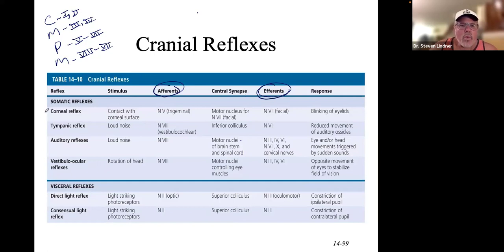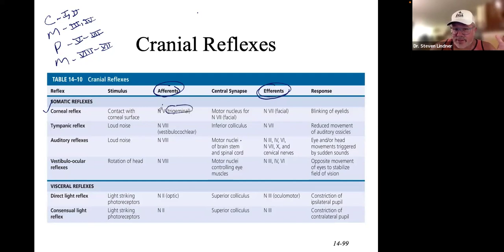So when we look at the corneal reflex, this is what happens when something touches your eye. What happens is your eye blinks. So something has to sense that something touched your eye. And what does sensation to the face is the trigeminal nerve, cranial nerve 5.